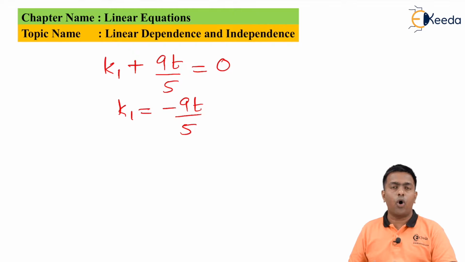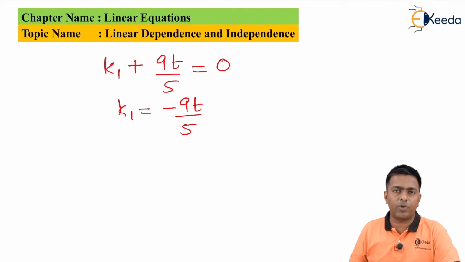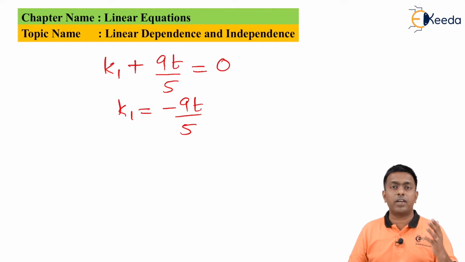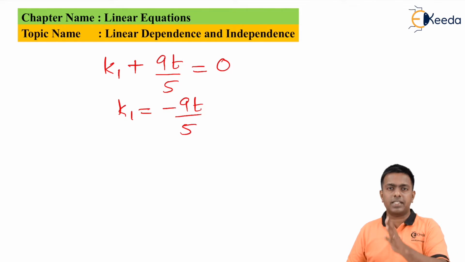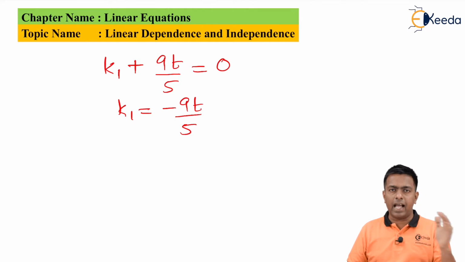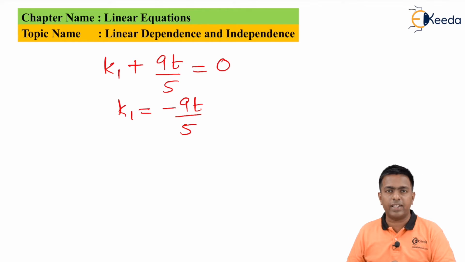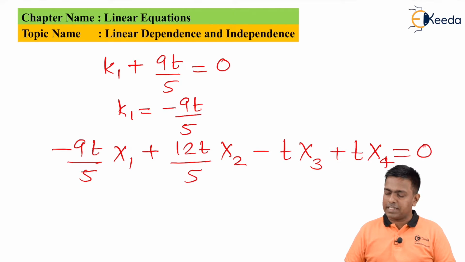Now we'll substitute all these values in the matrix equation. The matrix equation that we considered initially is k1 x1 plus k2 x2 plus k3 x3 plus k4 x4 equal to 0. In that we'll put the different values of k. Now guys, from this equation we'll take t common and shift that t to the right hand side, so 0 upon t will become 0.